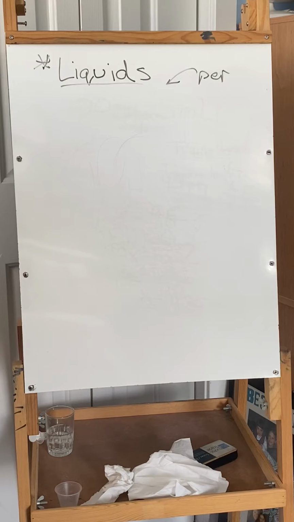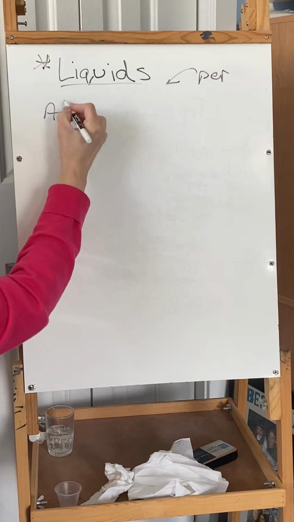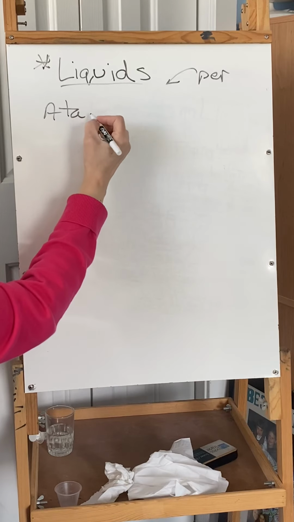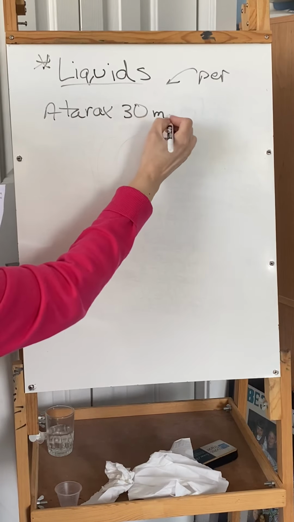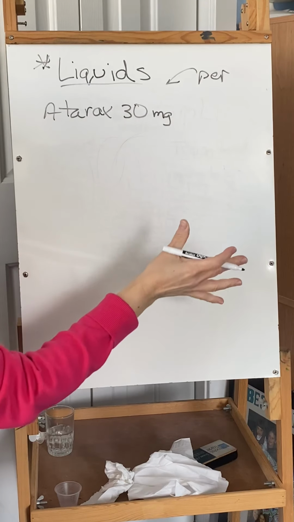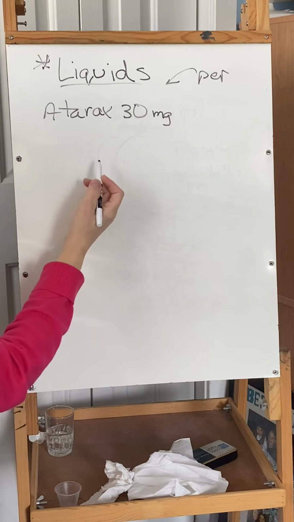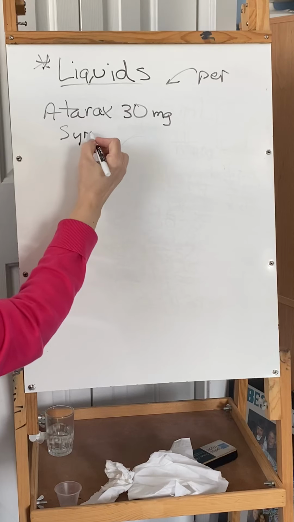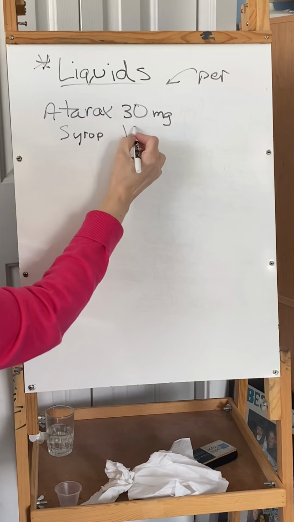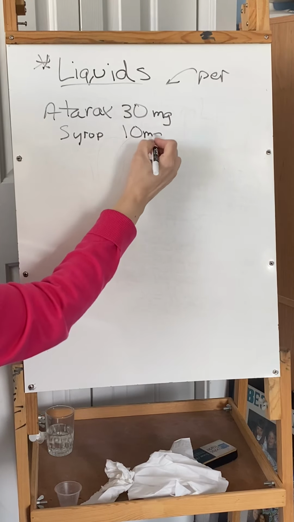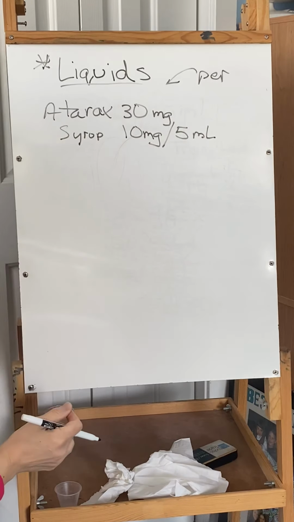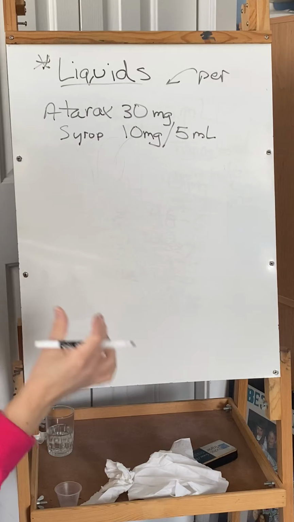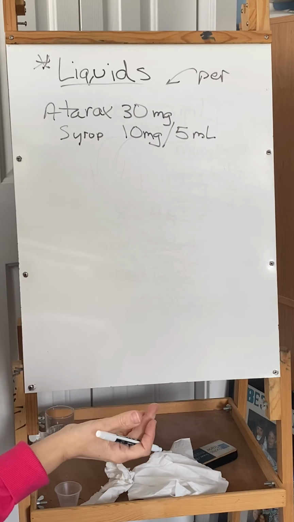Doctor's ordered, say that she wants Atarax 30 milligrams by mouth twice a day. The drug is supplied in a syrup that contains 10 milligrams for every 5 ml. All right, how many ml will you administer?